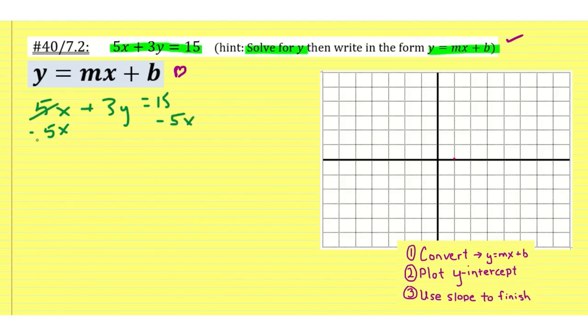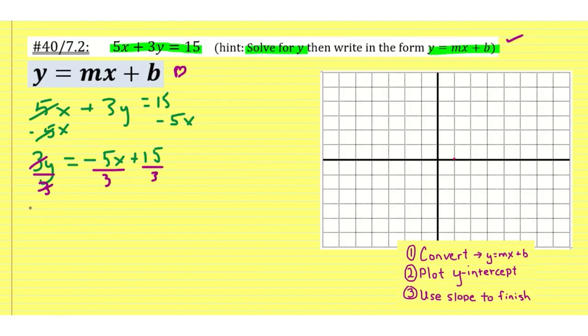So these will cancel out, and then I end up with 3y is equal to, I'm going to put the negative 5x in front because that matches my mx coming first, negative 5x plus 15. Then order of operations tells me that I need to divide out that 3 on both sides of the equal sign. So divide by 3, divide by 3, divide by 3.